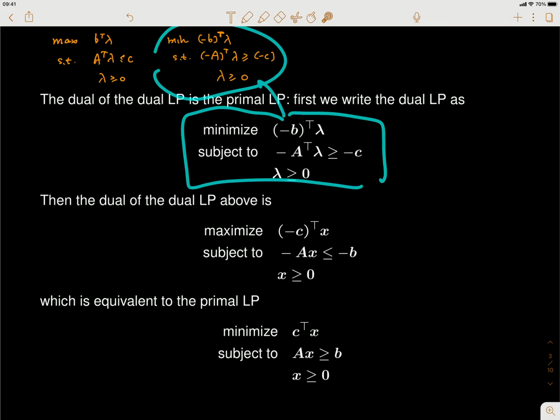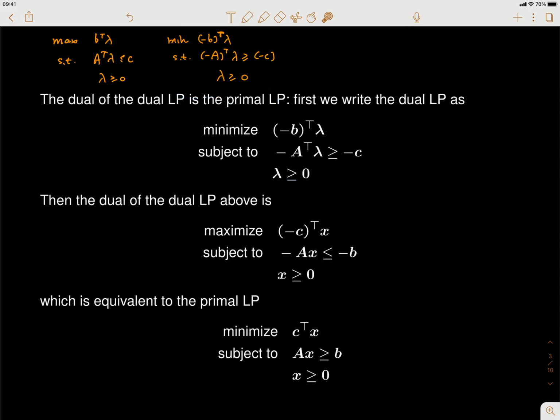Remember that to convert this into a dual problem, we need to change this to maximization and switch the negative b and negative c. So that's how I get this. This is my primal variable now. The dual variable I call x. I can call it any other variable, but this is just a symbol.